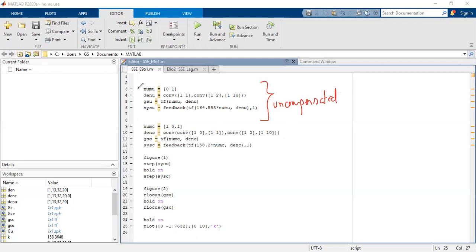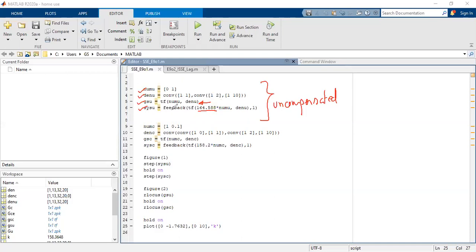We figured out the numerator and denominator, then we figured out our G(s). With G(s) we avoided that 164.588, and using this we have to plot the root locus. This is useful for plotting the root locus, but we are also interested in seeing the final result.